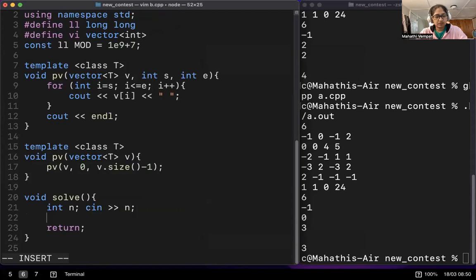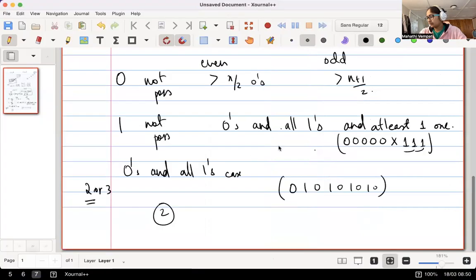I don't need to do this. Just need to count the number of zeros and the number of ones.